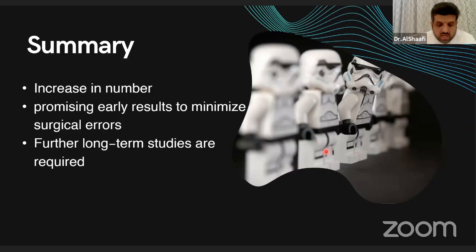In summary, robotic has shown promising early results to minimize surgical errors that result in a significant number of revisions and poor patient satisfaction. Further long-term studies are required to support the capital investment and sustained improvement in patient outcomes.